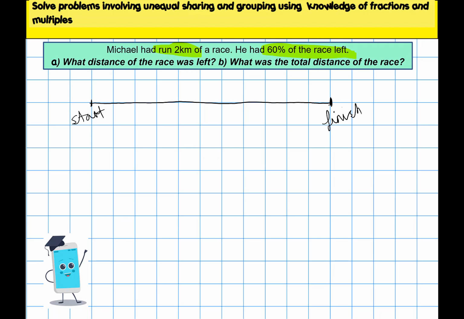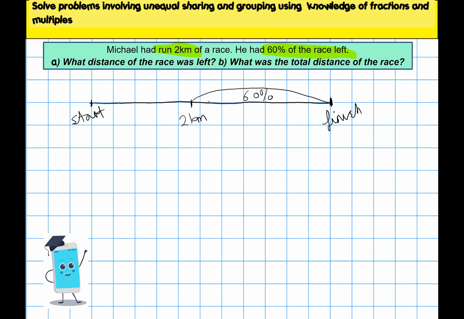He has 60% of the race left, so I'm going to just put in, this is not to scale, he's still got 60% left, okay? He'd run 2 kilometres of the race, so far he's at this point, where he's run 2 kilometres, but he's still got 60% left.